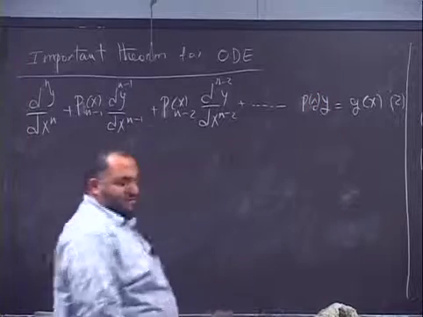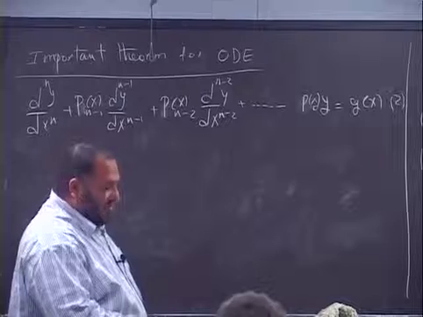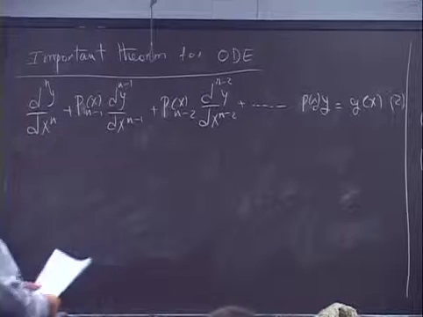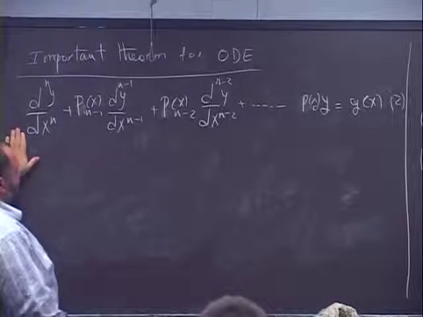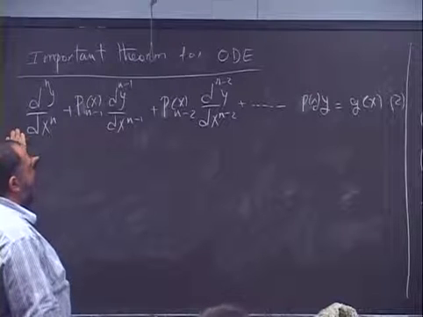It is with variable coefficients instead of just constant coefficients. So this is the general form for the nth order ODE.